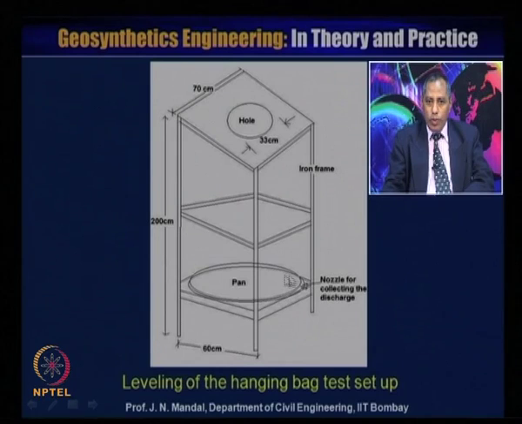At the bottom there is a pan where, when the slurry passes through the geotextile tube, the water may come out from the bottom of the tube and be collected in this pan. So this is the nozzle for the collection of the discharge from the geotextile tube.